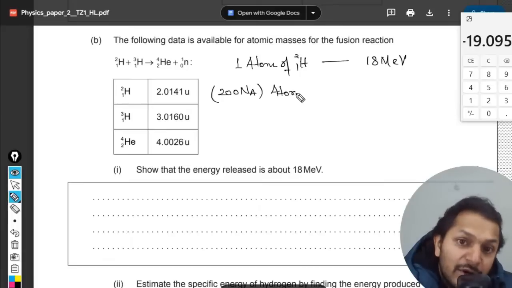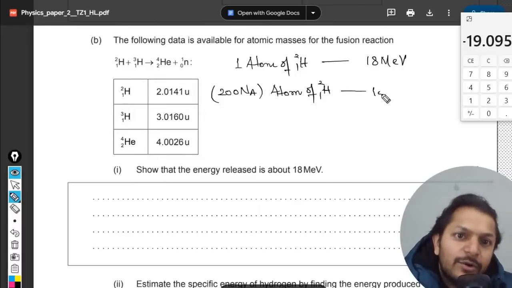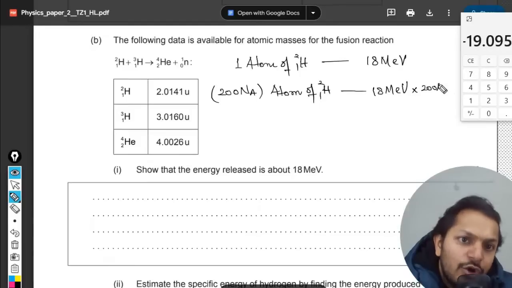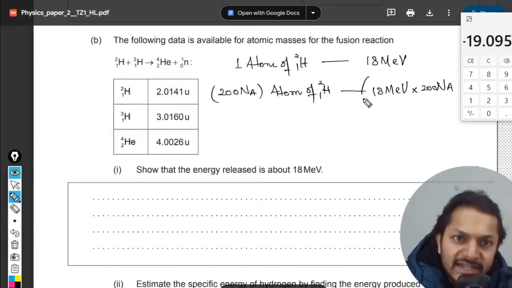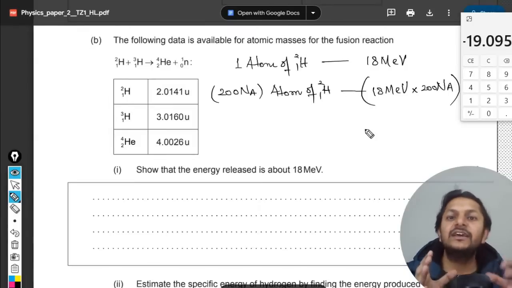These many atoms of deuterium, when reacting, will produce 18 mega electron volt multiplied by 200 Avogadro's number. This is the total energy that is liberated.